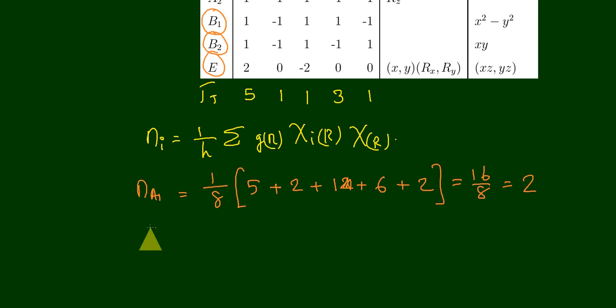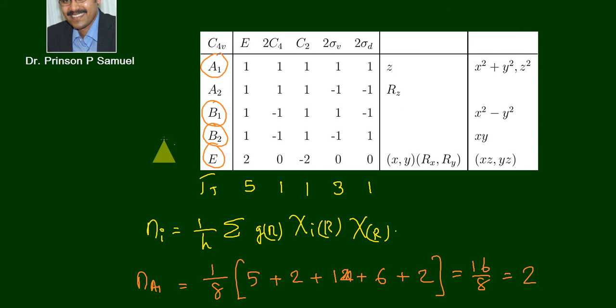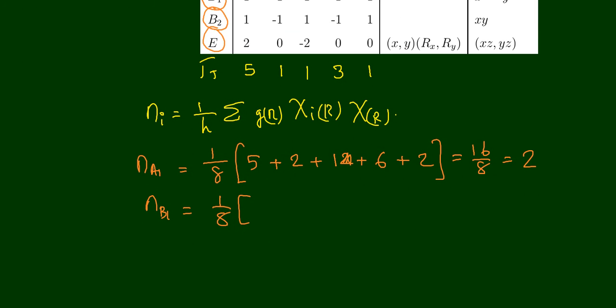And what about NB1? NB1 is equal to 1 divided by 8 into, now you can apply the same procedure for B1. Okay, here we have 1, minus 1, 1, 1, minus 1. So applying these characters, you can write it like that is 5, then minus 2, then 1 plus 1 plus 6, then minus 2.